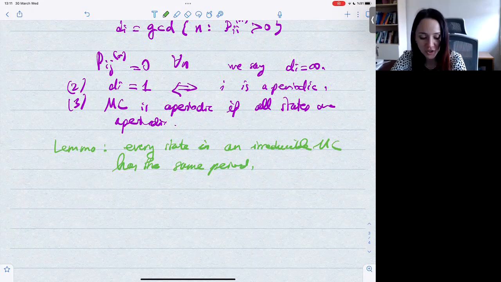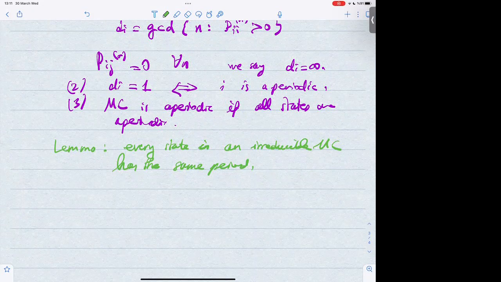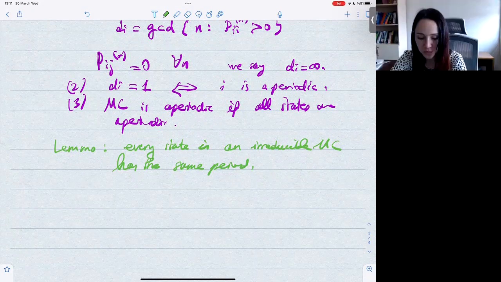Right. I mean, essentially that's the idea. If you can go from i to i in d_i steps, then to go from j to j, you can first go to i, make an arbitrary number of loops, and then go back to j.